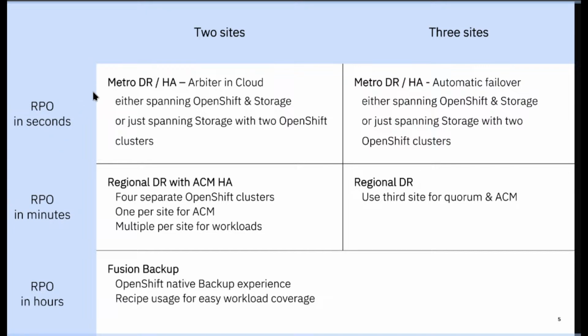So when we only have 2 sites, what we're currently recommending is you just put the arbiter, the third site, up in the cloud. A lot of people are okay with that. So you would just go to your favorite cloud provider. You would say, I'm going to spin up that one VM in a region close to me.